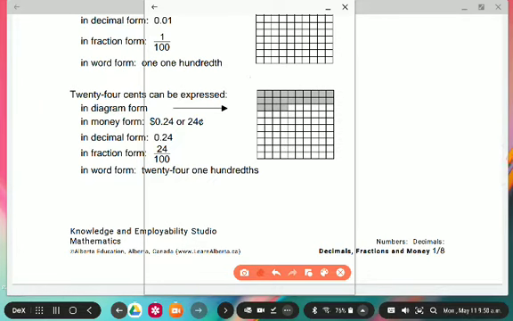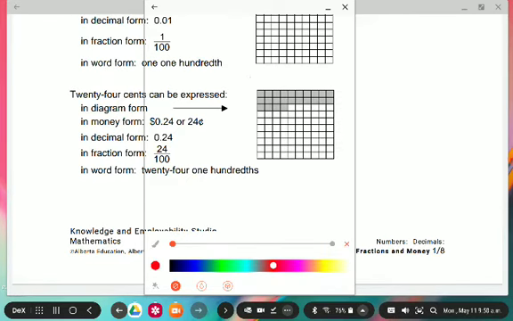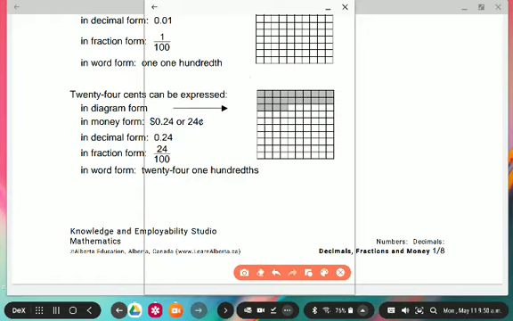So if we've got 24 whole cents, in diagram form we would shade in 24 of these guys right here. If we count that all up, we've got 24 shaded blocks.